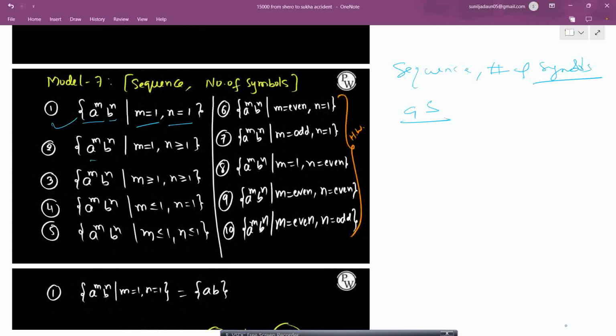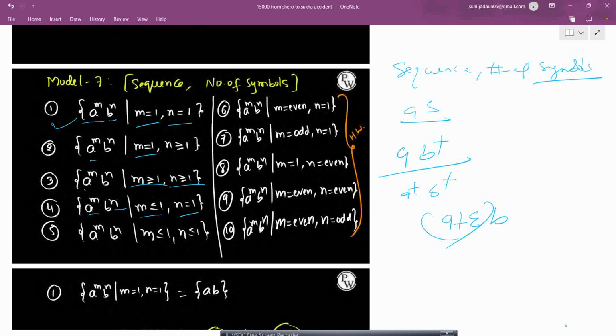Second, a, m is equal to 1, then a, b plus. What is this? m is greater than 1, n is greater than 1. Then a plus, b plus. a, b, n, m is less than equal to 1, n is equal to 1. Then b and less than a plus epsilon, I think.